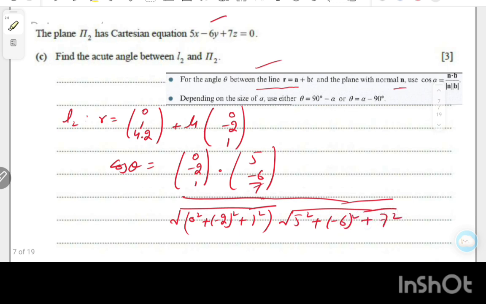Dear student, this is the Cartesian equation of the plane, which gives the normal, and this is our b from the line equation.